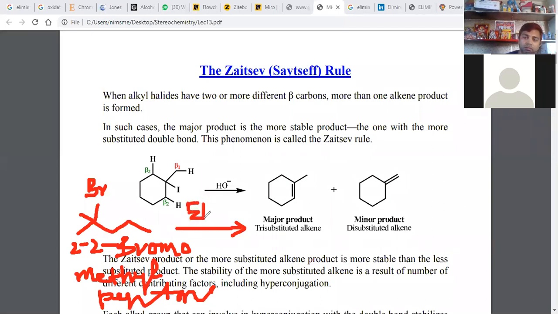Now, two products will be formed. We'll see these two products.